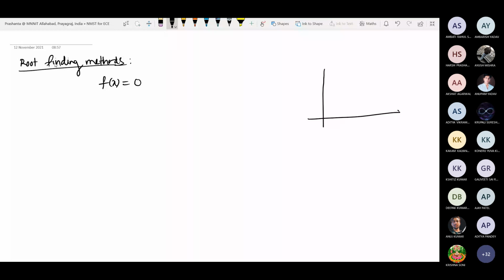If this is the x-axis and this is the y-axis, then the graph will cut the x-axis. If alpha is a real root, then the graph y = f(x) will cut the x-axis at x = alpha.